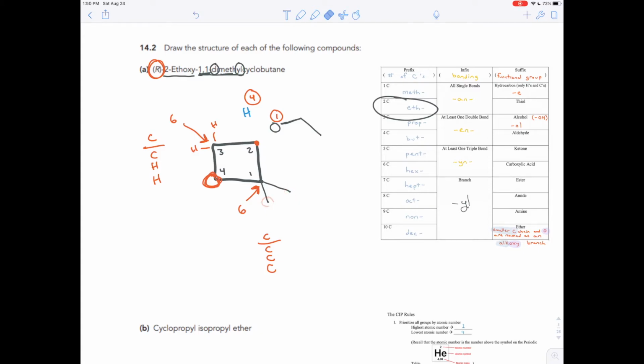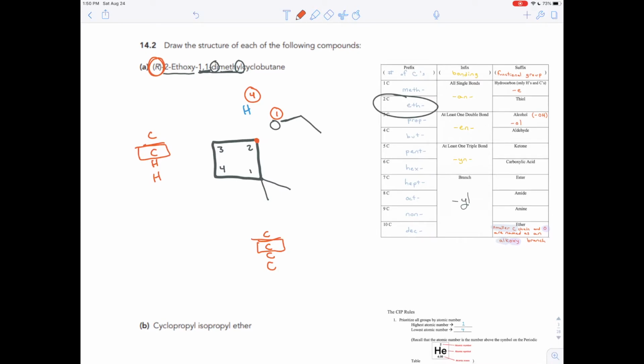Okay, let me just clean this up a little bit. And so now you can see when you have these tables, you just look 1 row at a time. Only if a row ties would you go to the 2nd row. The top row for each of the tables is carbon, so those tie. Go to the 2nd row. At the bottom one, it's a carbon; on the top one, it's a hydrogen. Carbon has a higher atomic number, 6 rather than 1, and so this is going to be more important. So this will be 2, and this will be 3.